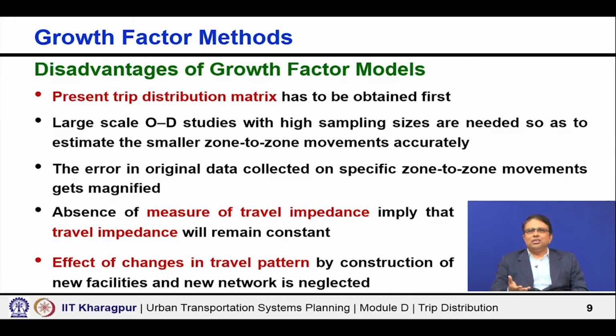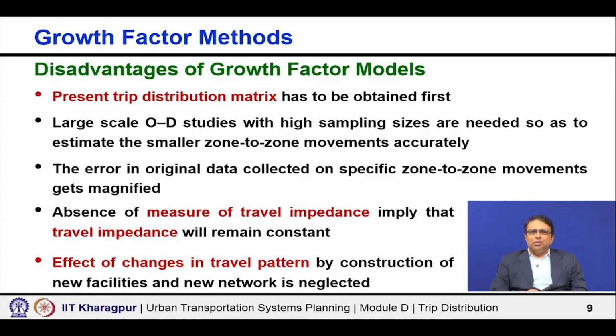In all practical sense, every zone will grow, maybe less growth, maybe more growth, in normal circumstances. So, whatever is the error in the original data collection on specific zone to zone movements, those errors are getting magnified, because you are using a multiplier.